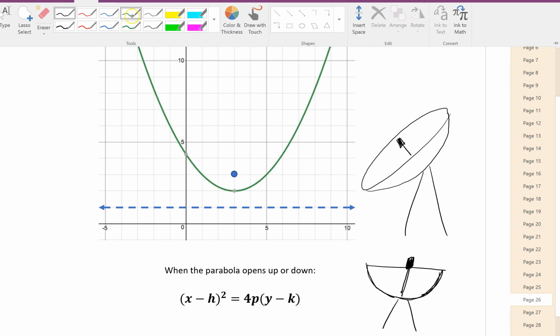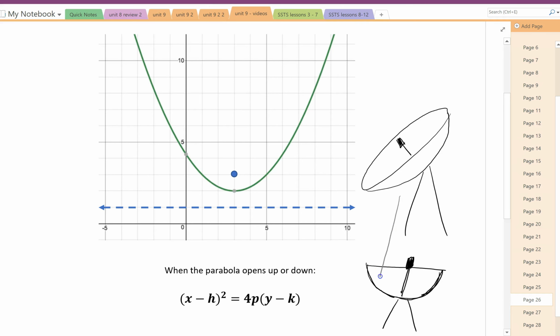There are signals coming in from all different angles, and satellite dishes are designed so that when a signal comes in, it bounces up to the receiver. No matter what direction the signal comes from, it's going to bounce off the dish and go up to the receiver. So there are all these waves coming in, and that receiver is what accepts the signals, translates them, or sends them to your TV or your stereo to translate into something you can watch or listen to.